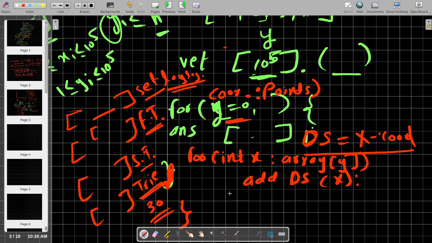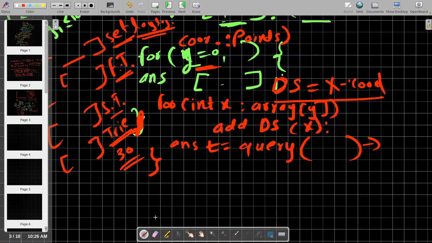Now we could just query our answer, like answer equals query, because we are doing a one-time thing, using a data structure to optimize it.